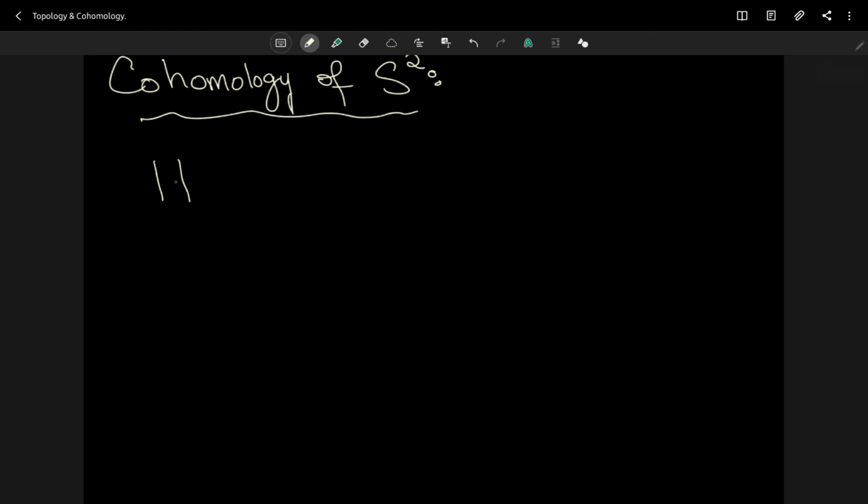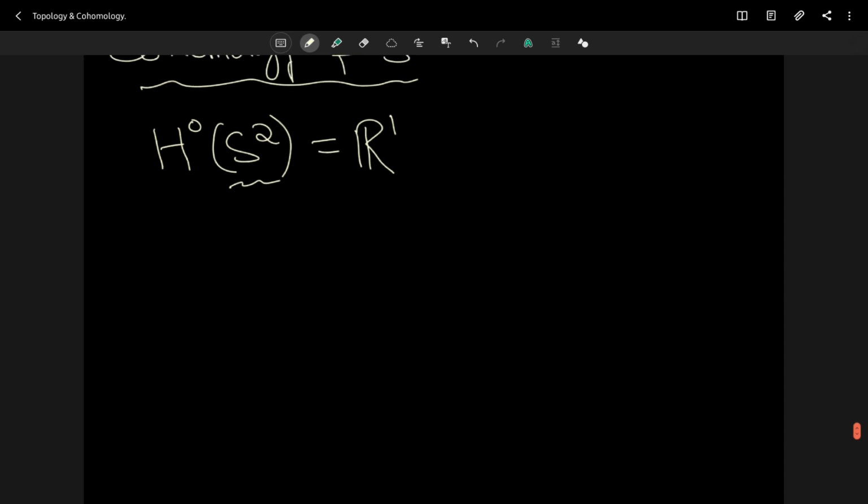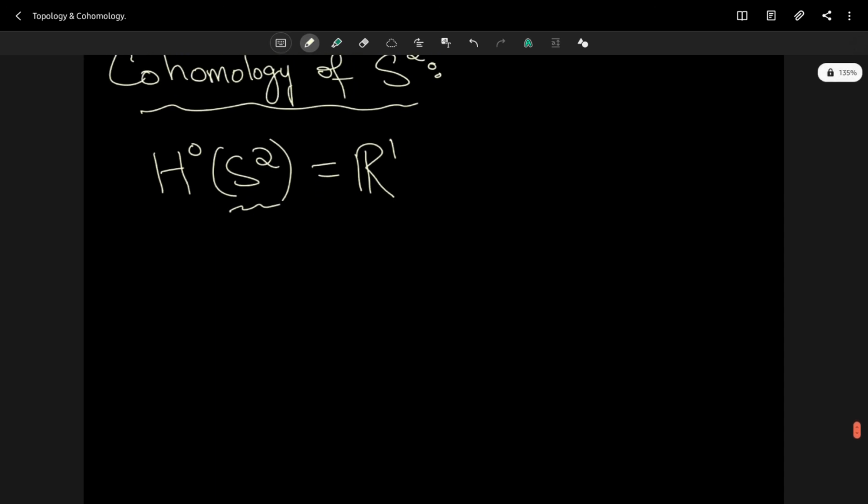The zeroth cohomology of S2 is equal to R1, since this thing only has one connected component. You should do this by yourself using the knowledge you gained from the above examples that I did for S1.